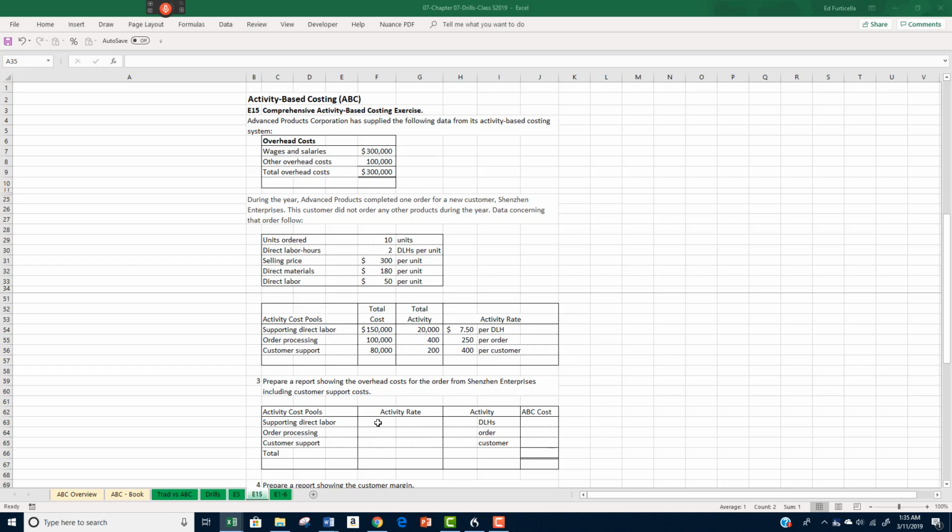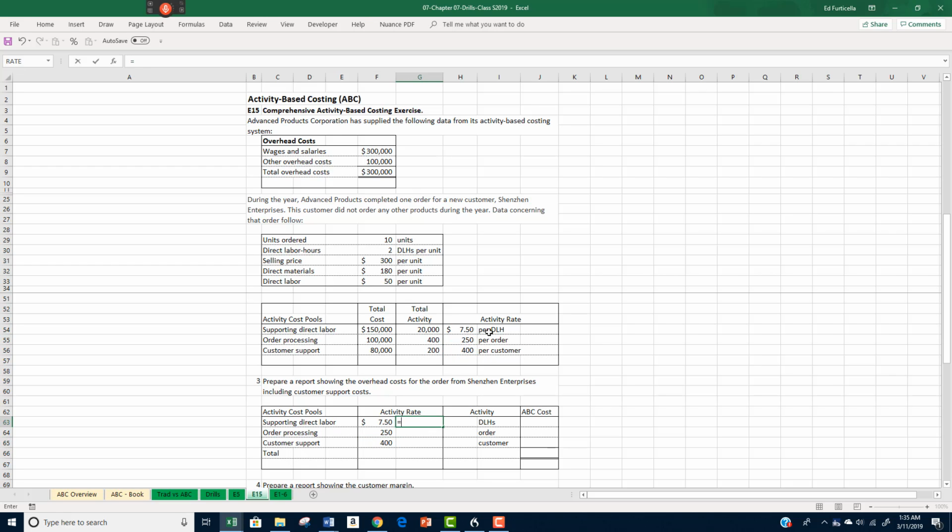So the first thing we're going to do is list our cost pools: supporting direct labor, order processing, customer support. Next column, we're going to list our activity rates: $7.50 per direct labor hour for supporting direct labor, $250 per order for order processing, and $400 per customer.